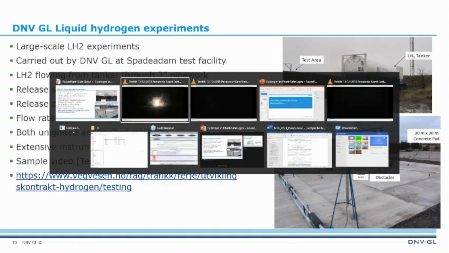So I'm just going to show you a video, and I'm going to show you different angles. So this is really with the release coming towards you now, and it starts off unignited, and then you'll see it ignite, I believe, approximately 30 meters away from the source. And this is a horizontal test.